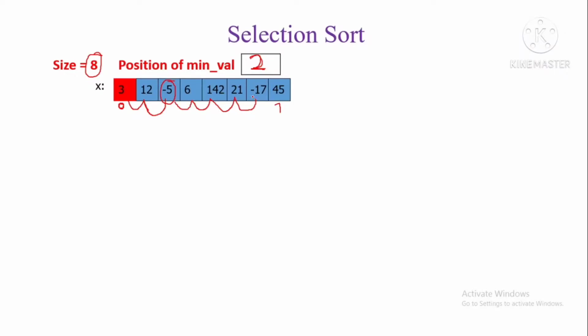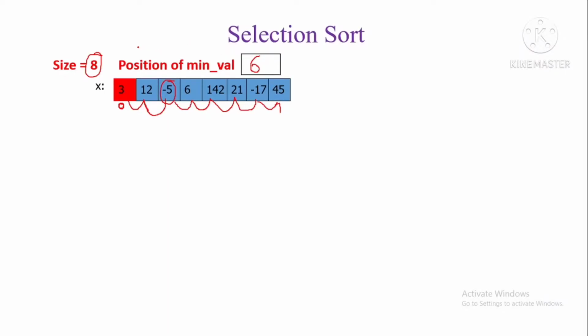Now, -17 is smaller than -5. So we make a change over here. Now my position is 6. Now, this -17 is compared with 47. Since it is a greater value, we do not need to make any changes.